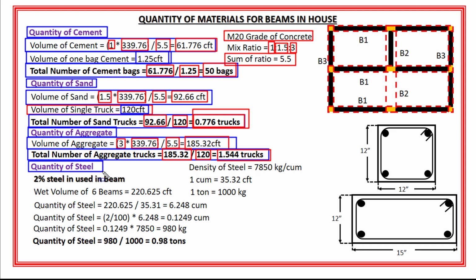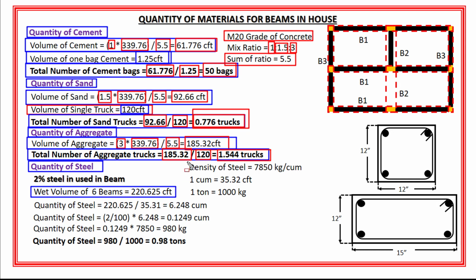Now for the quantity of steel, I will need the total weight volume of these 6 beams, okay? And the total weight volume of these 6 beams is equal to 220.625 cubic feet. Now I have to convert the weight volume of these 6 beams from cubic feet to cubic meter, okay?